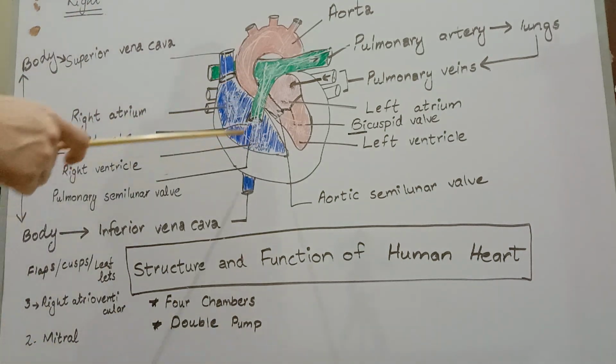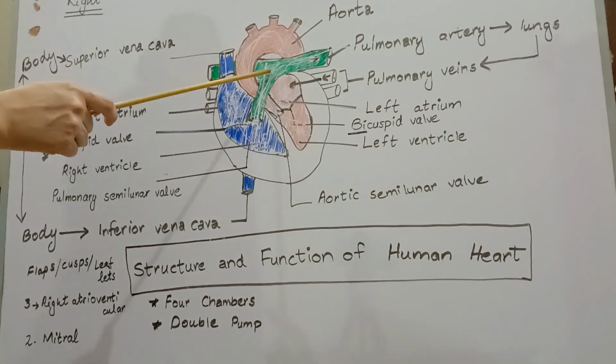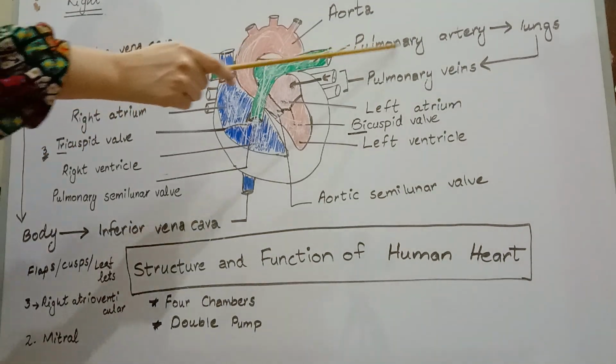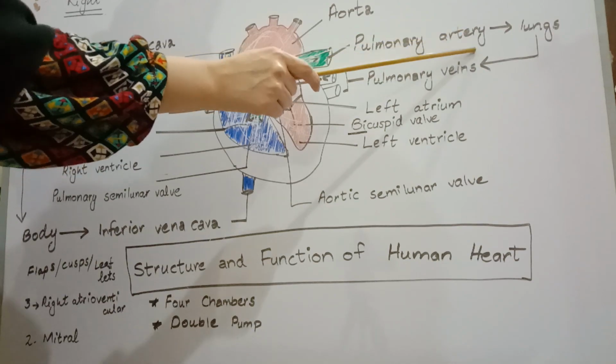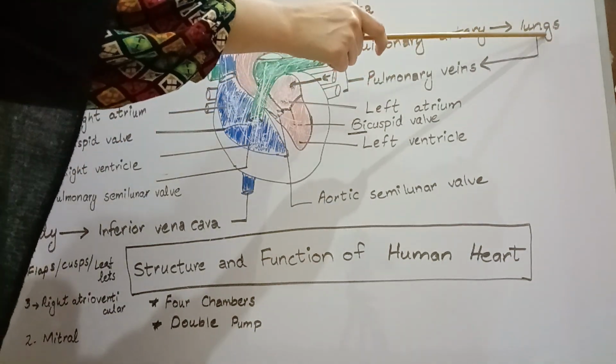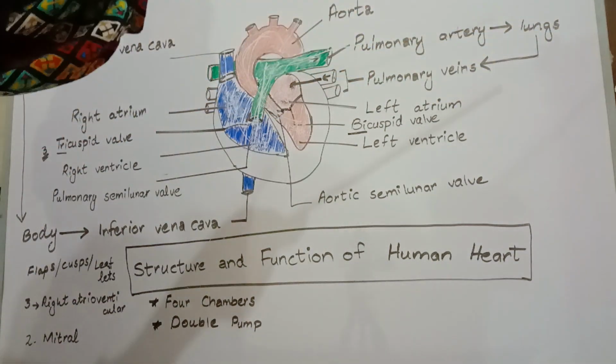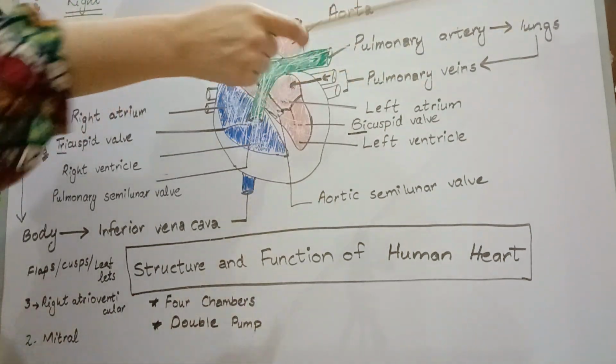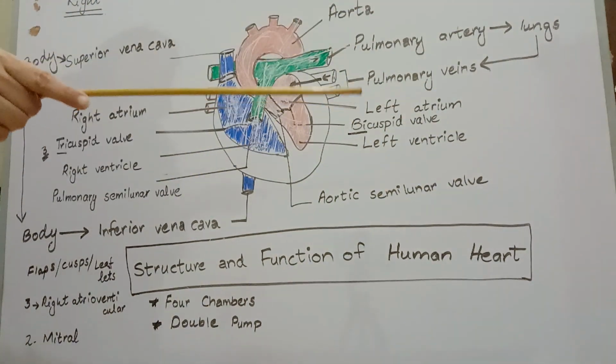Now, the blood from the pulmonary trunk moves through the pulmonary arteries towards the lungs. In the lungs gaseous exchange takes place and deoxygenated blood is converted into oxygenated blood.